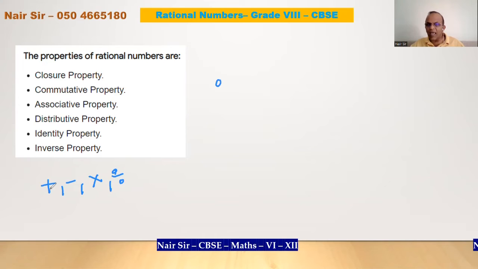That means A multiplied by B plus C is written as AB plus AC. If they are equal, then and only then distributive property holds true.